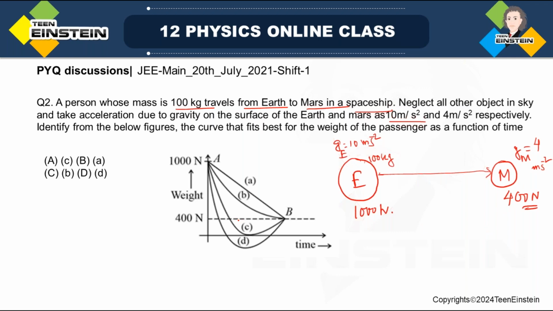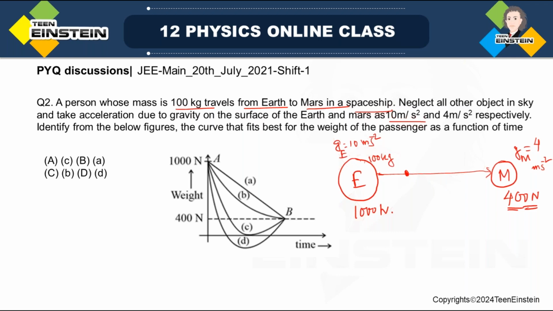As time progresses, this 1000 Newton has to actually reach 400 Newton on the surface of Mars. They will have attraction, since one has smaller g and the other has greater g. That means there will be an imbalance in the force on any object.